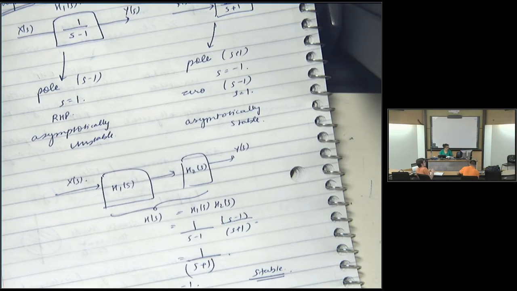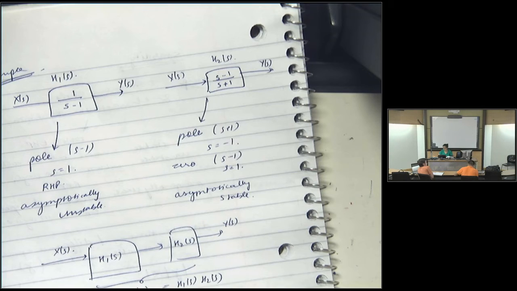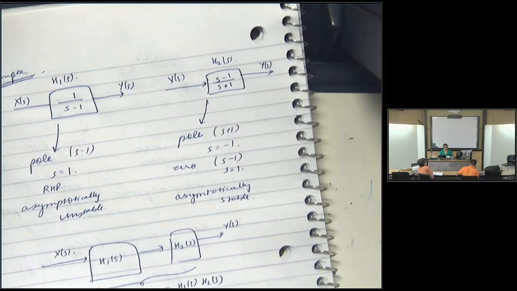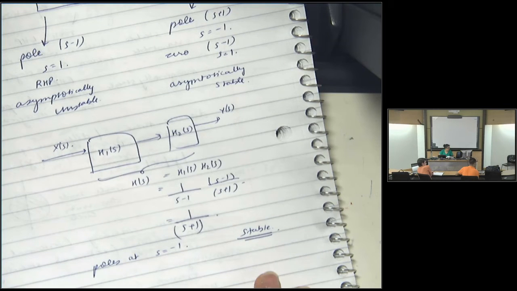So I can combine an unstable system with a stable system. What is happening here? The zero of my second system is cancelling the effect of the pole of the first system. Any questions on this?